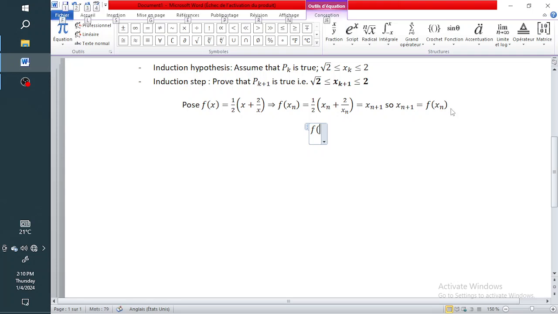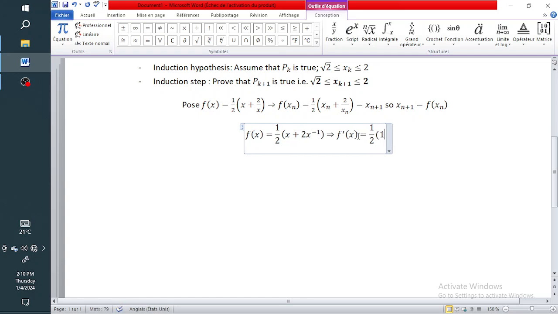So f of x, let's come back to this. Our f of x is half into x plus 2 divided by x. I'm going to write it as 2x to the power negative 1 so that I can easily differentiate. So how will I get f prime of x? I keep the half outside. When I differentiate x, I get 1.